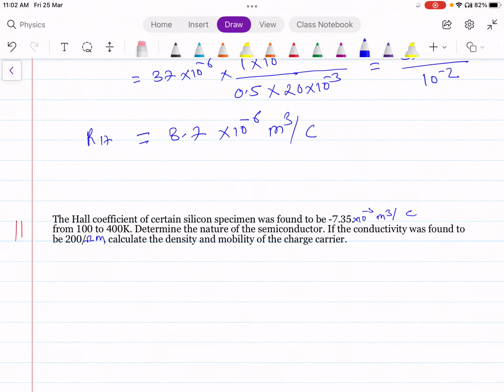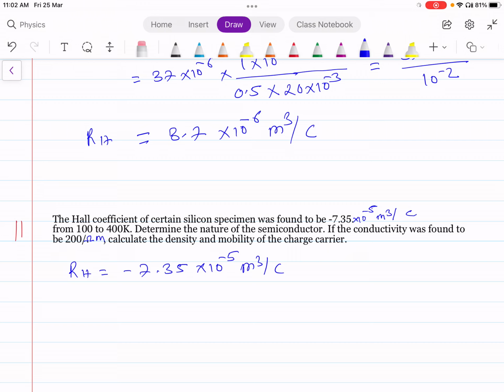Next sum is also based on the Hall effect. Hall coefficient of certain silicon specimen was found to be minus 7.35 into 10 to power minus 5. So this Hall coefficient is given: RH is equal to minus 7.35 into 10 to power minus 5 meter cube per coulomb from 100 to 400 Kelvin.